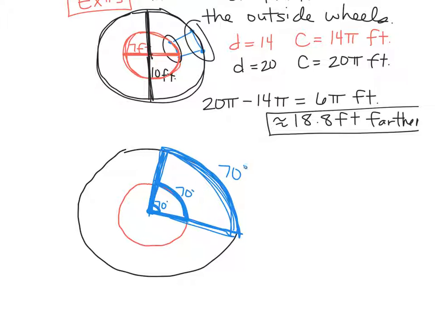Okay? So here's where arcs can be a little bit tricky. Both of those arcs are 70 degrees. Are they the same length? Is this red one, if you measured it, how long it was, the same as this black one?